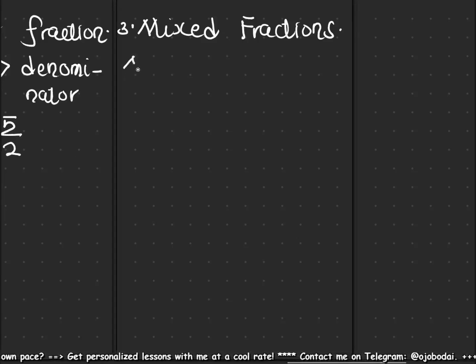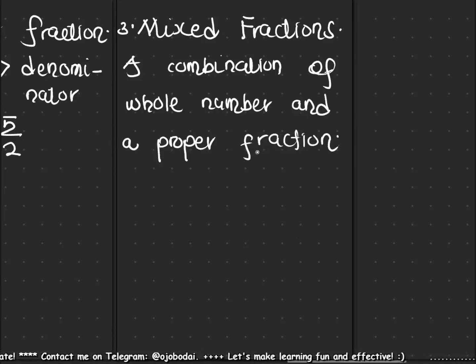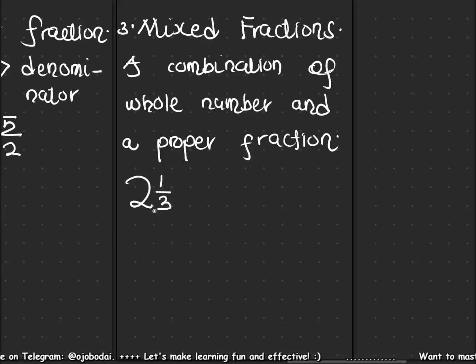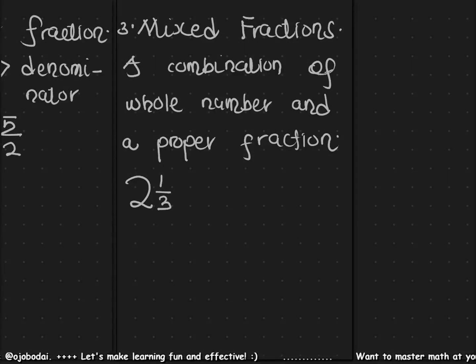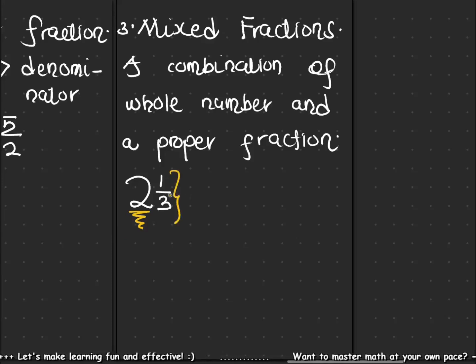So let's look at some examples here. If you have 2 1/3, we read it as 2 whole number 1/3. This part here is our whole number, and this here is our what? Proper fraction. As you can see, its numerator is less than the denominator.